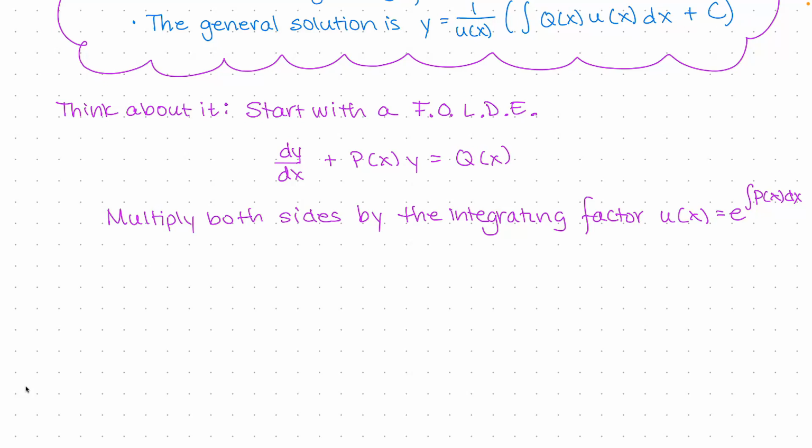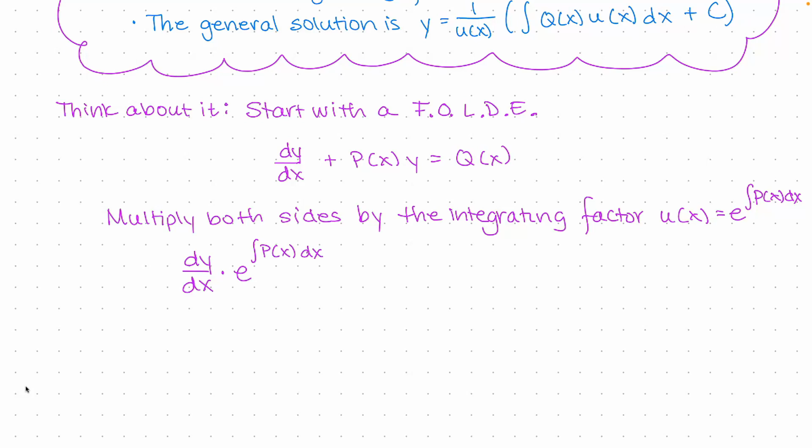If we do, it's going to distribute to both terms on the left and be multiplied on the right. So we have dy dx times e to the integral of p of x dx. You may be thinking, just write it out as u of x. I'm actually going to write it out as e to the power of, because I want us to see something.